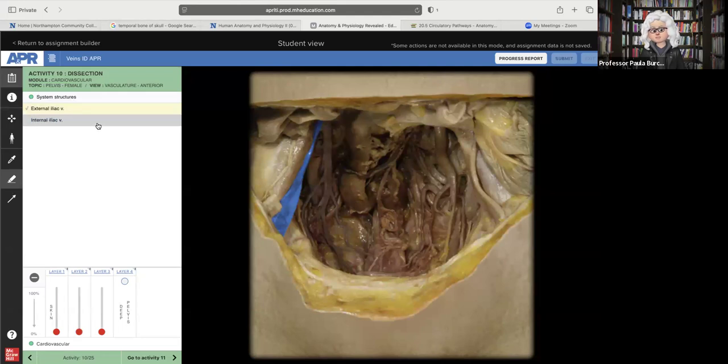Remember that the external iliac and the internal iliac are going to be draining into the common iliac. Keep in mind, blood flow is going in the opposite direction. And so you can see that the internal iliac is coming from the pelvic region. The external iliac is going to receive blood from the femoral vein in your thigh region.